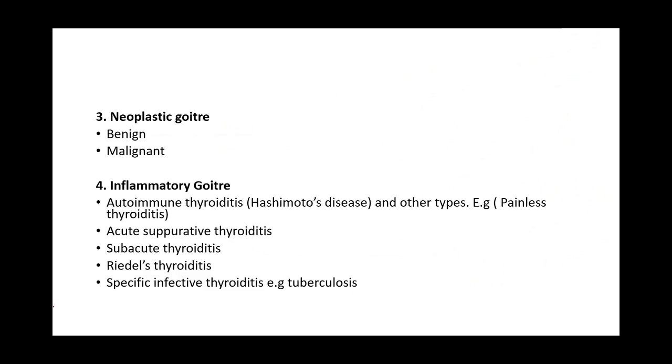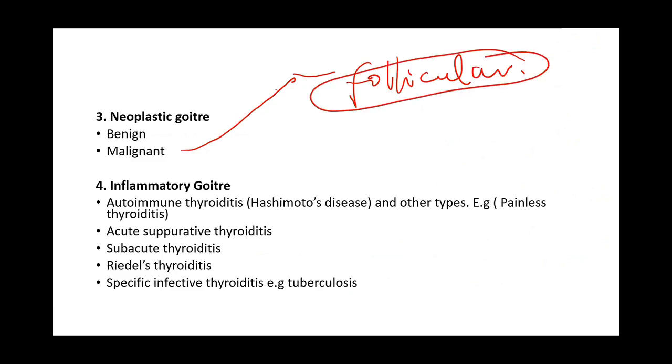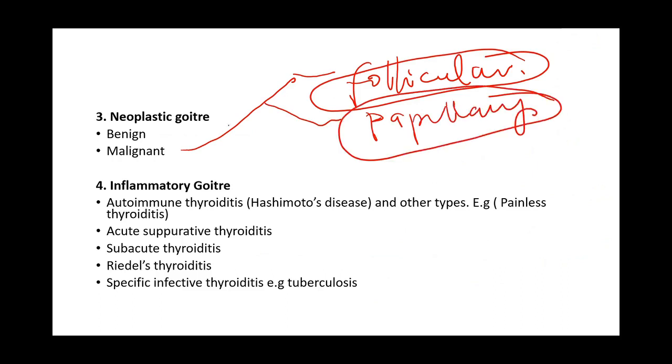Now, neoplastic goiters could either be benign or malignant neoplasms, and the common malignant ones are follicular thyroid cancer, commoner in the West African region, papillary thyroid cancer, which is commoner worldwide, the medullary thyroid cancer, and we have the anaplastic.